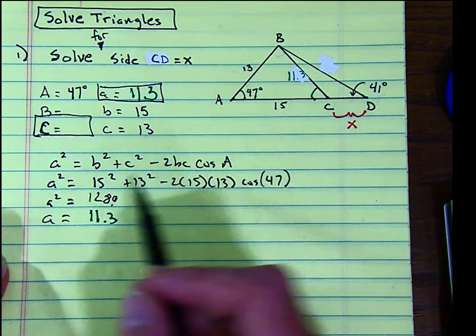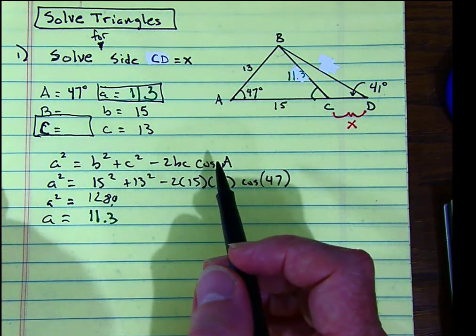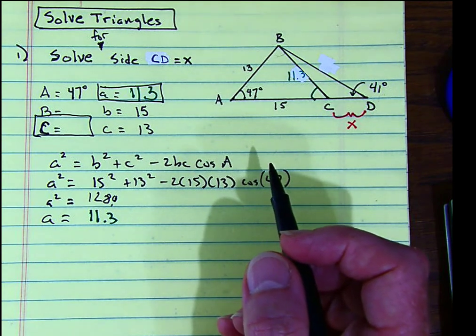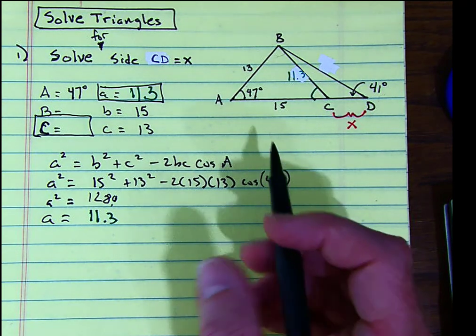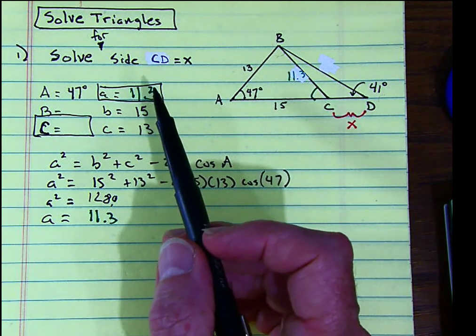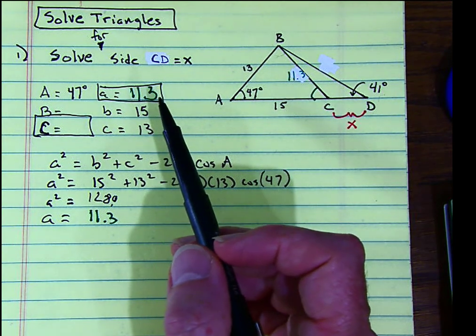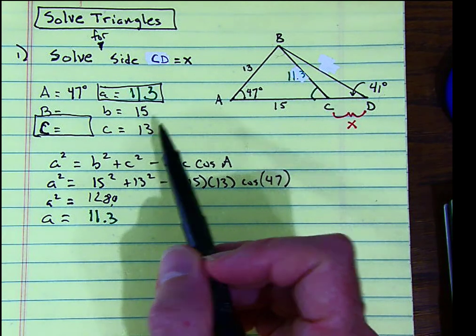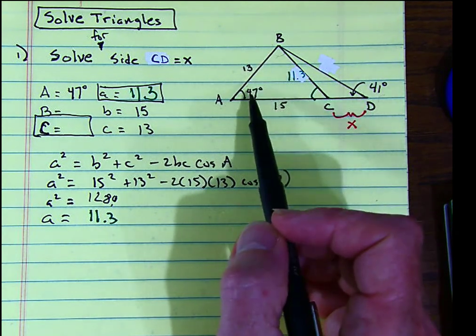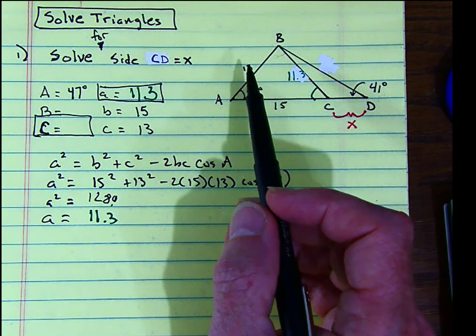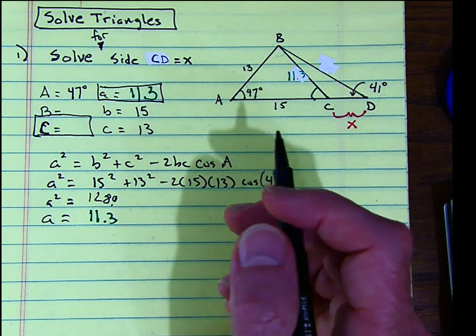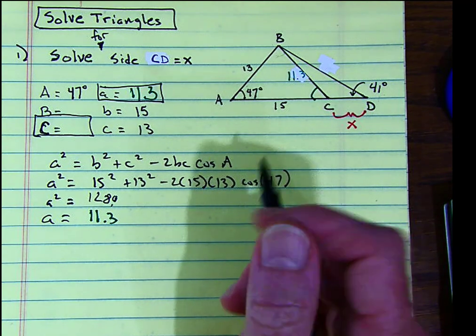Now, angle C, there's a couple ways. I could use the law of cosines again. And honestly, the law of cosines is safest, because if I use the 11.3 and the 13, I'm doing side-side-angle, or angle-side-side, which is the ambiguous case. And the ambiguous case can have two solutions.